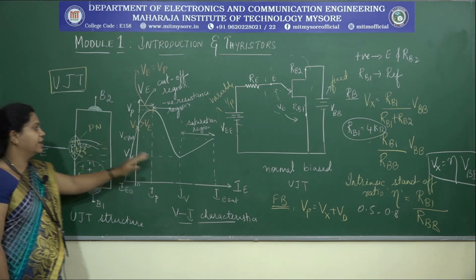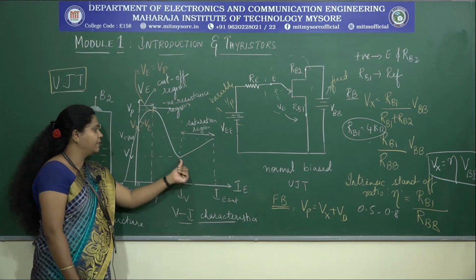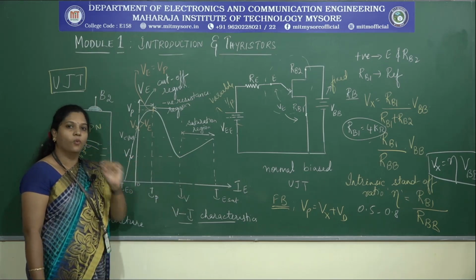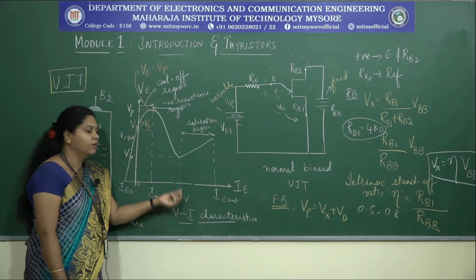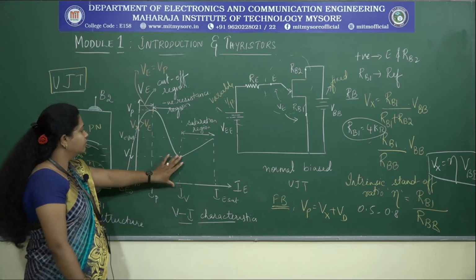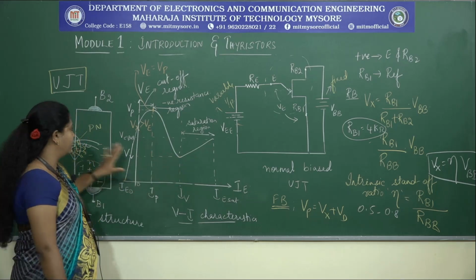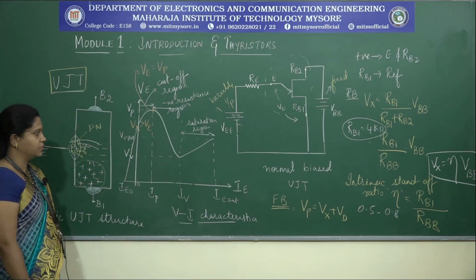Till there will be some minimum voltage. That minimum voltage is known as the valley voltage, and the corresponding current is known as the valley current. So this is the minimum voltage that can be applied across the UJT.